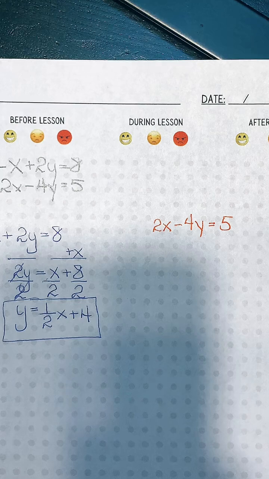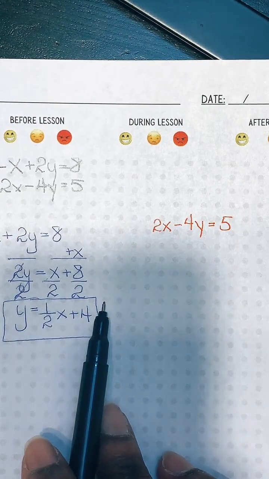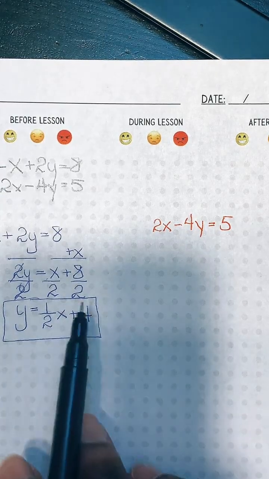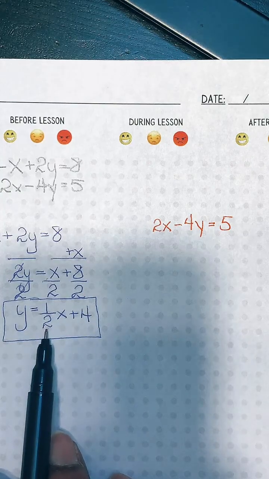Hello, Micah. Why did you divide 2 by x and 8? Why didn't you divide x plus 8 by 2? Okay, so when you divide everything by 2, because this is what we as human beings do, we will divide the 8 by 2 and get 4, but we'll forget to do the division.